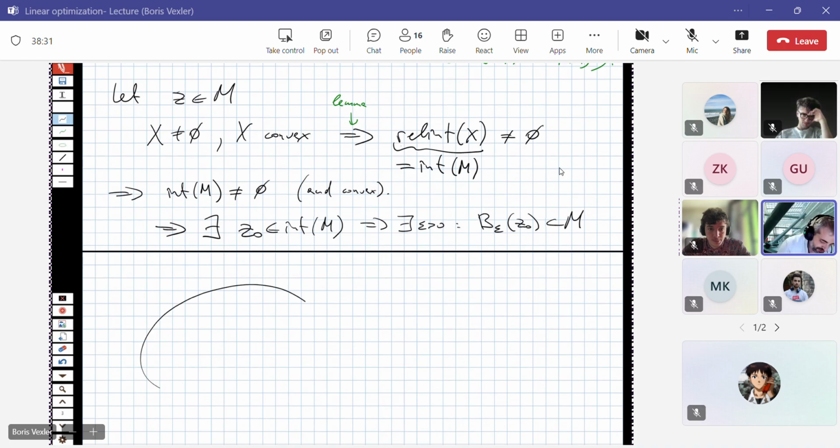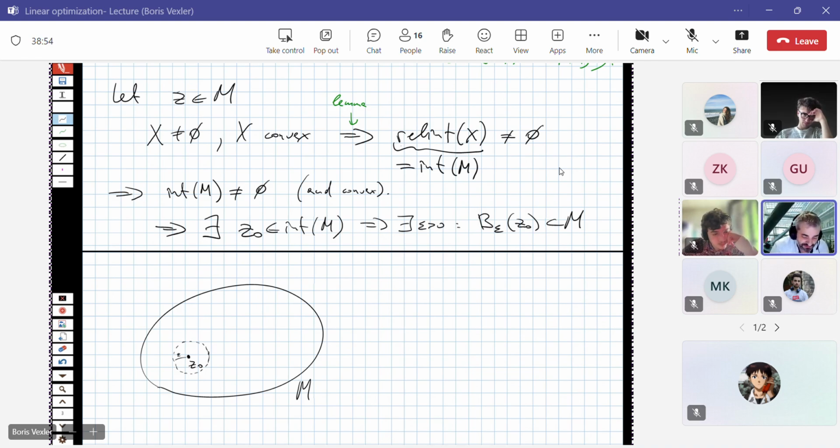Imagine this is our M. We have somewhere a point Z0, which is in the interior of M. It means there is here a ball of radius epsilon completely in M.